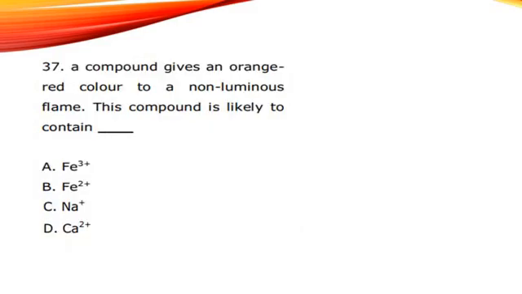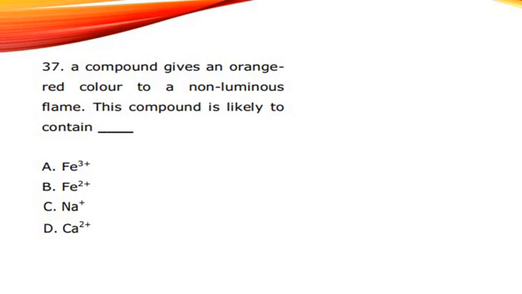The next question is question 37. Question 37 says a compound gives an orange-red color to a non-luminous flame. This compound is likely to contain A, iron 3, B, iron 2, C, sodium ion, and D, calcium cation.